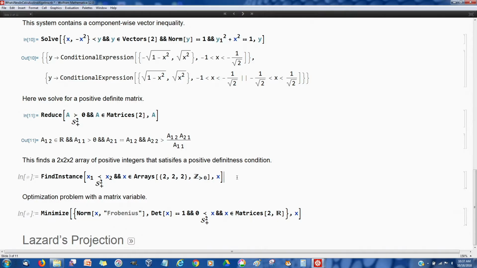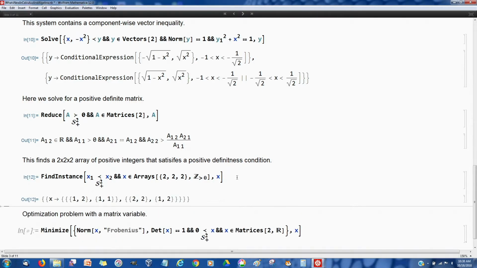Here we find a depth 3 array such that the first element minus the second element is positive definite, and it's an array of positive integers. Again, we have these new domains where we can say positive integers, positive reals, positive rationals, just for convenience.